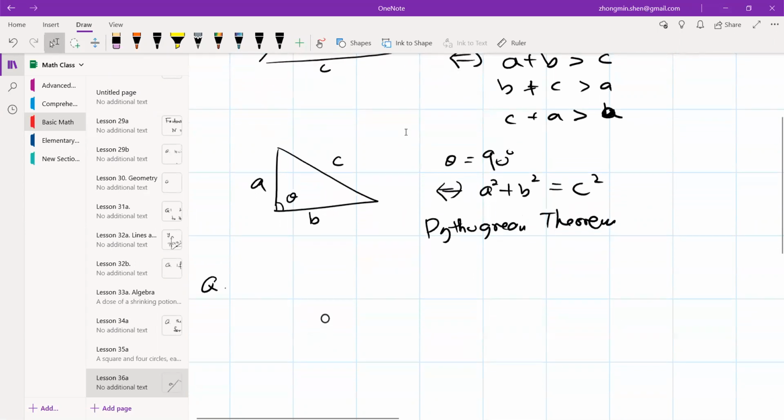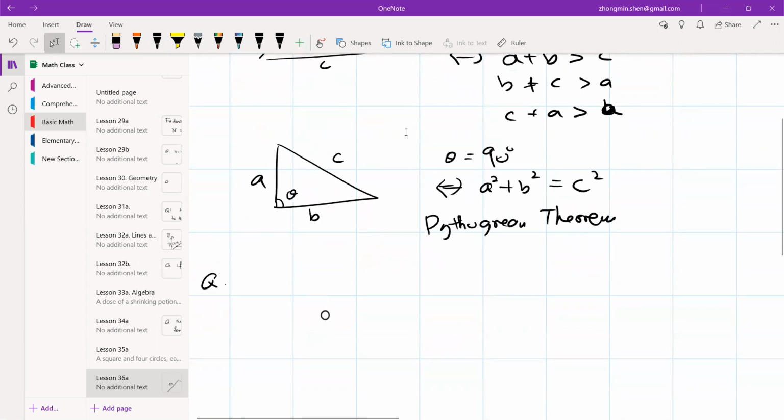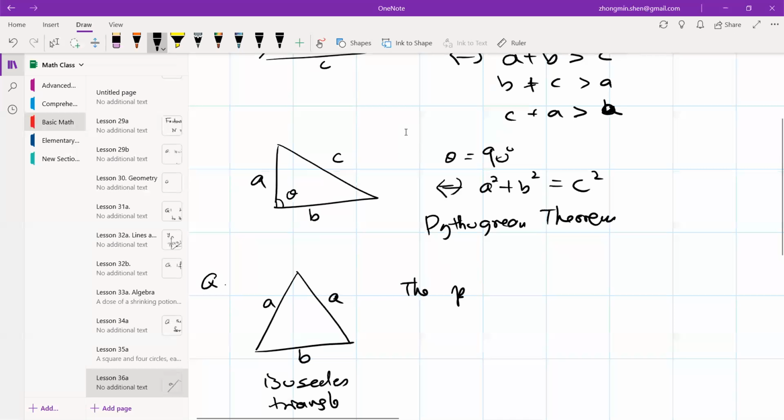So let's consider a triangle. This is an isosceles triangle, with two sides A and the third side B. I know the perimeter is going to be 18, and A and B are integers. That's important.